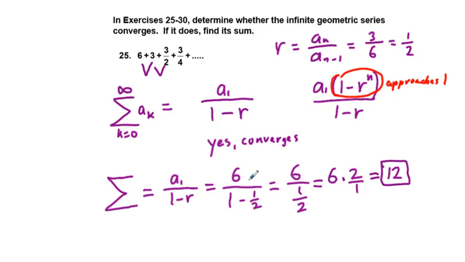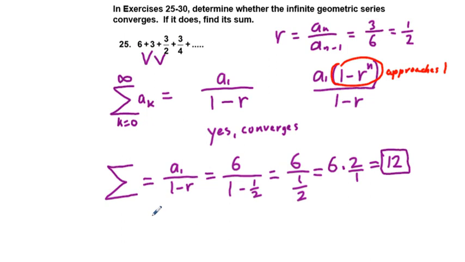And I want to show one more thing in the calculator. We can also enter these in the calculator. And to do that, let's go ahead and put this notation here. We say k equals 0, and we're going up toward infinity, and we have a sub 1, which is going to be 6 times 1/2 to the power of k, and we go toward infinity.